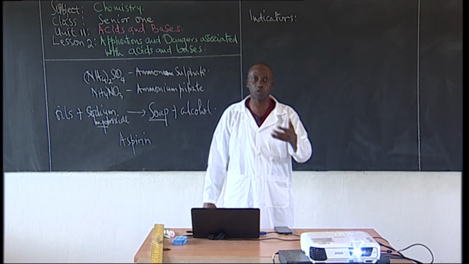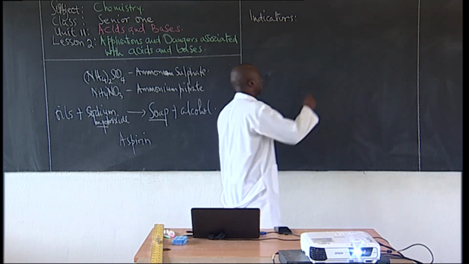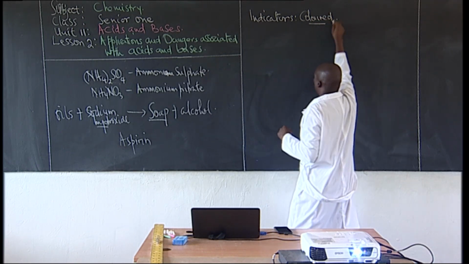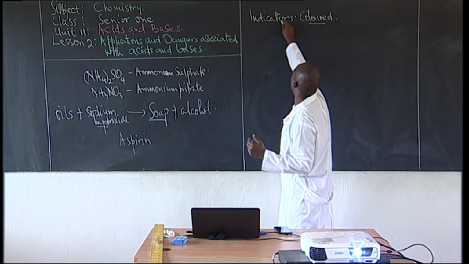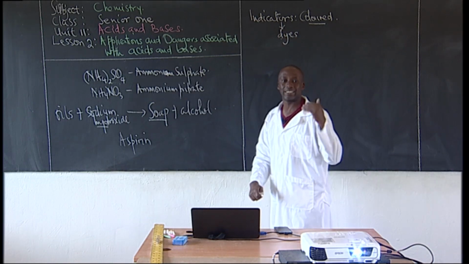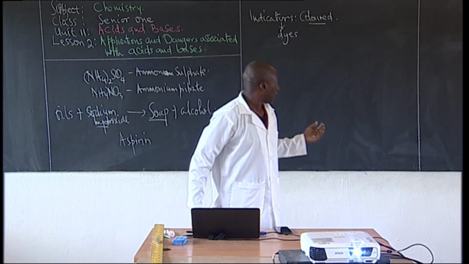Most of these indicators are colored substances, so they can also be examples of dyes. When you say dye, that is a colored substance.